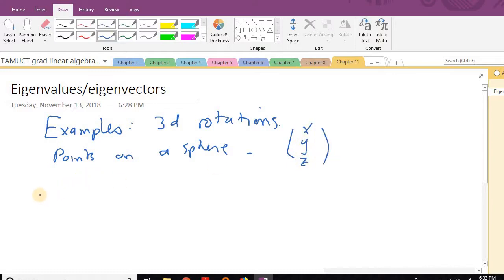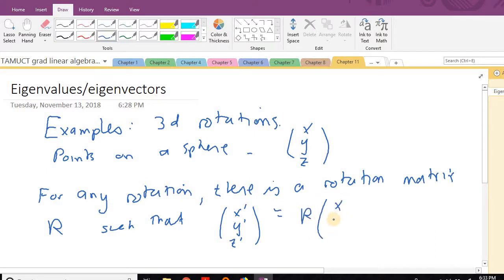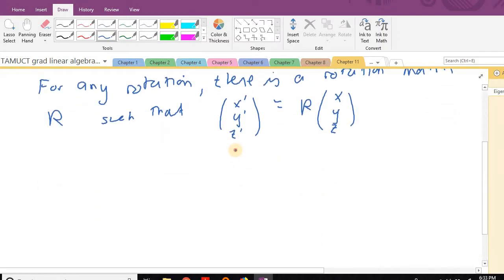And for any rotation, there is a rotation matrix R, such that the new x prime, y prime, z prime is equal to R times x, y, z. So this is the new position, and this is the original position.